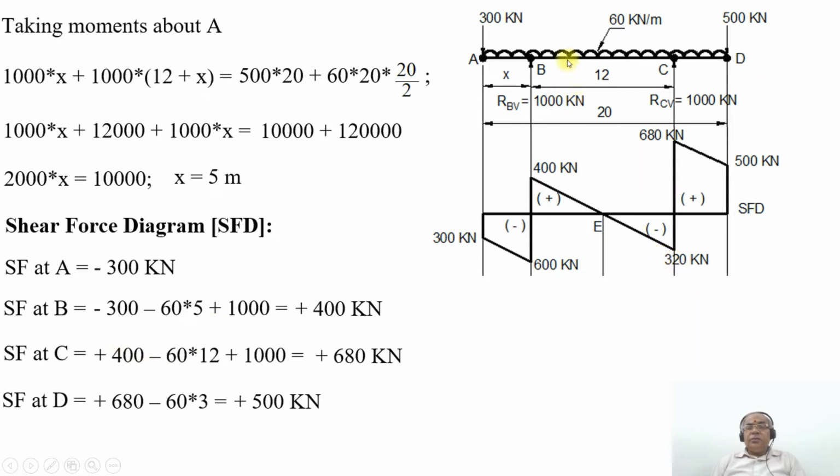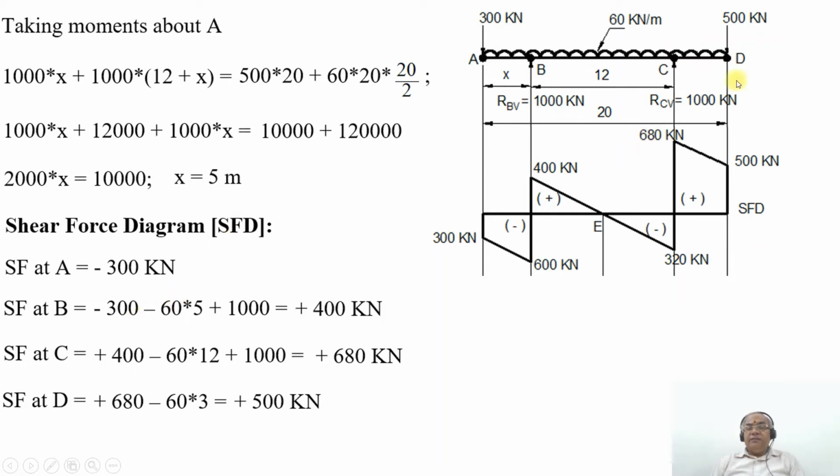That is due to the UDL between B and C. But at the point C we have plus 1000 kilonewton acting upwards, therefore minus 320 plus 1000 will be equal to plus 680 kilonewton, because of the point load acting upward at C.